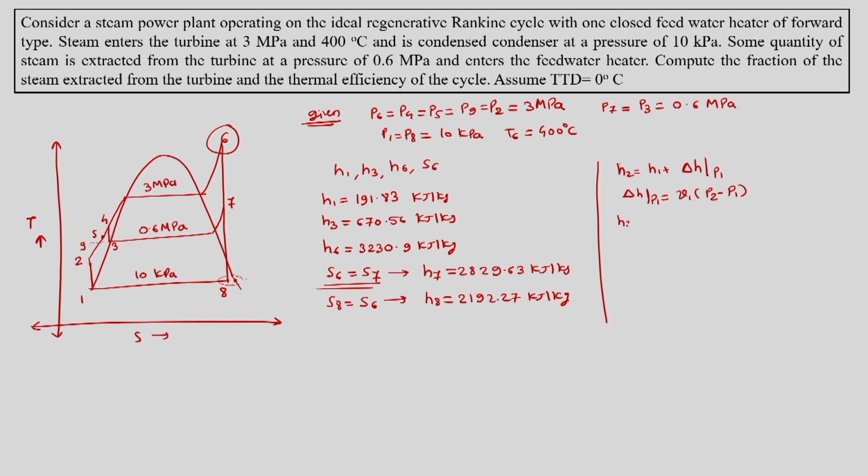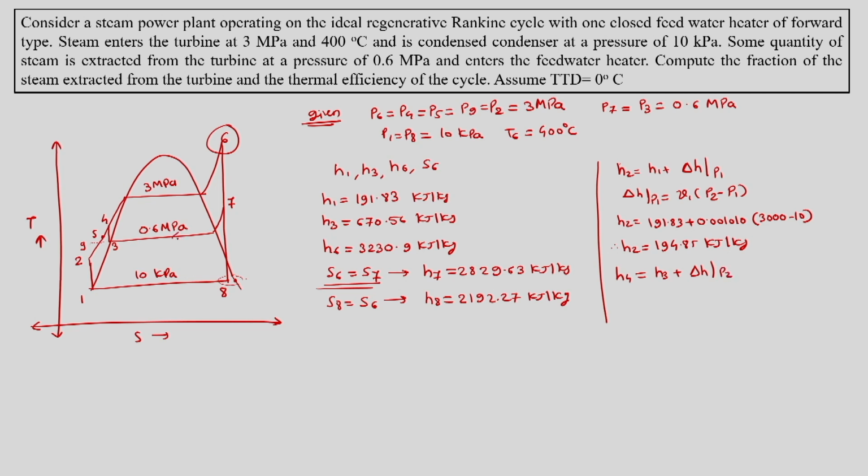So, we have H2 equal to 191.83 plus 0.001010 into (3000 minus 10), so H2 is equal to 194.85 kilojoule per kg. Similarly, we can find H4, and H4 is equal to H3 plus delta HP2.